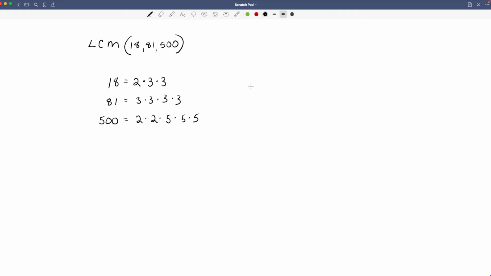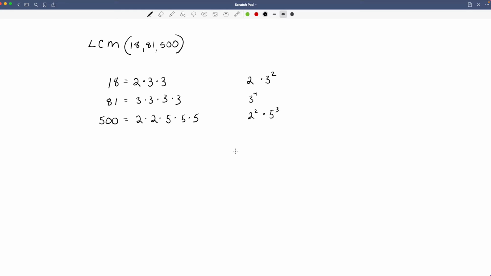So here we have 2, and then we have 3 squared, right? 2 and 3 squared. All right, here we have 3 four times. Here we have 2 two times, and we have 5 three times.